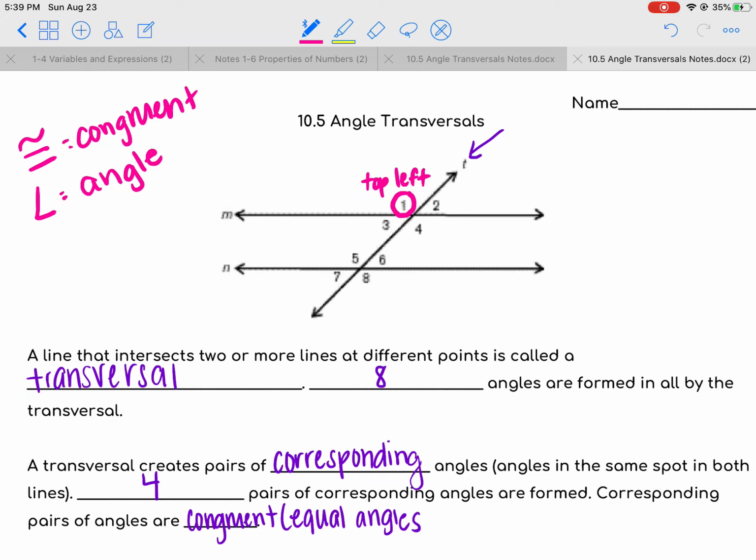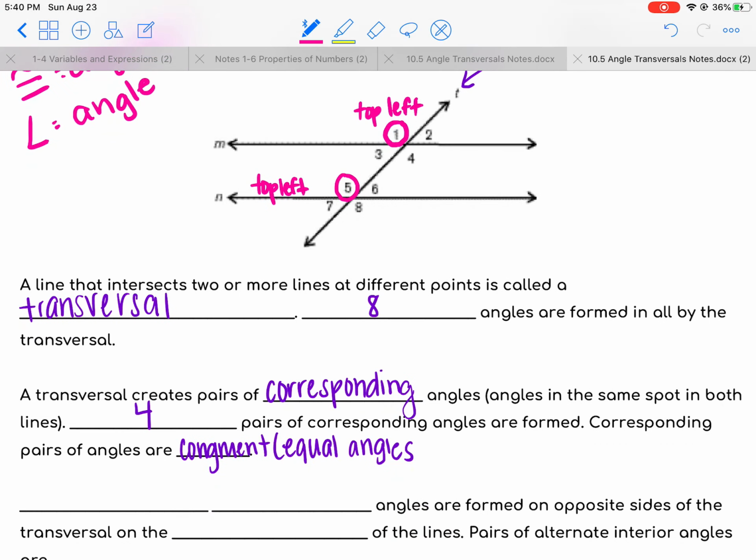It's on top of line M on the left of transversal T. If I want to find the corresponding angle to that, I want to find the angle that's on top of N and to the left of T. So that ends up being angle 5. It is on the top left of line N. So here we're going to write angle 1 is congruent to angle 5.